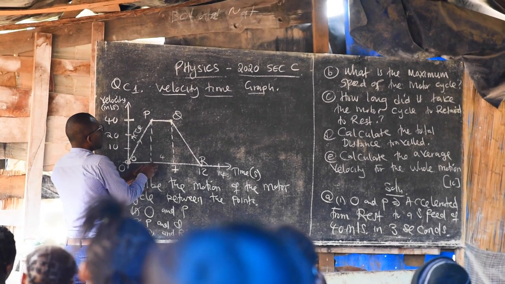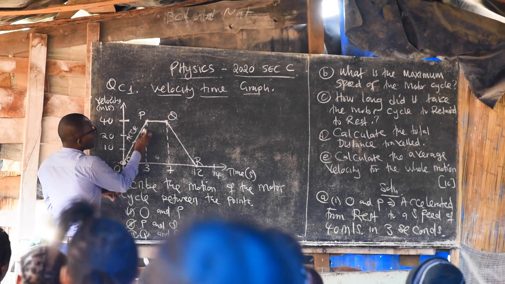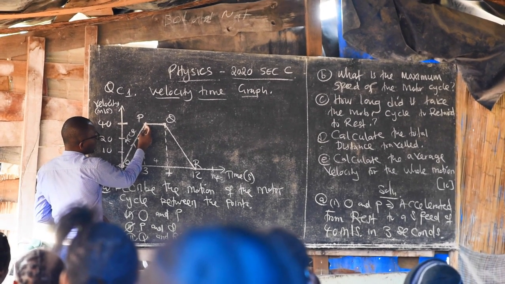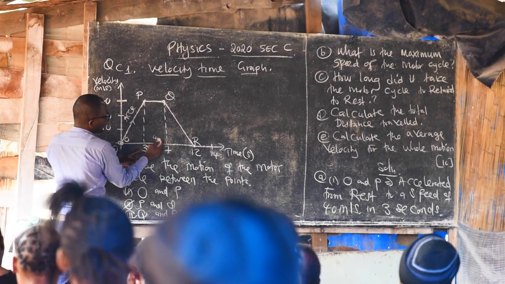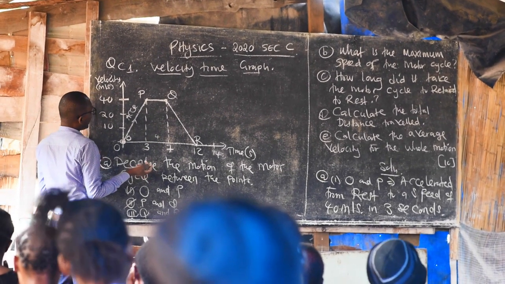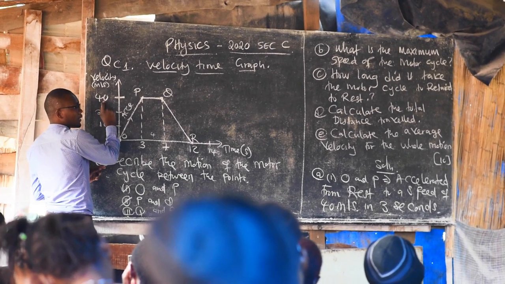So you say the motorcycle moved with a constant speed in 4 seconds, which is 40 meters per second, right?